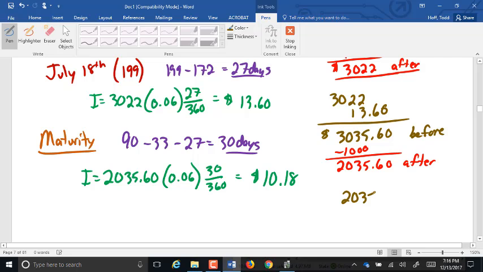So 2035.60 plus 10.18 is $2,045.78. That's my answer to part one. That is my balance due at maturity.